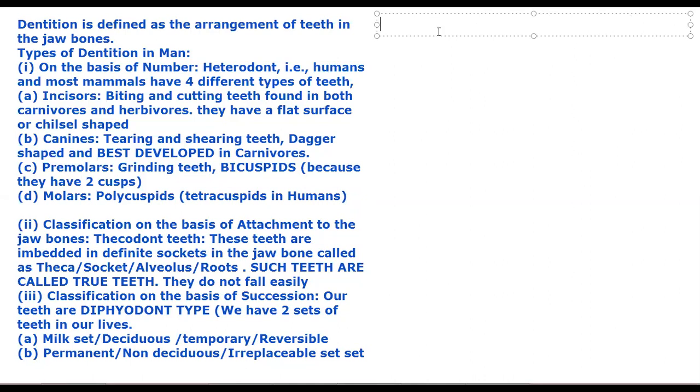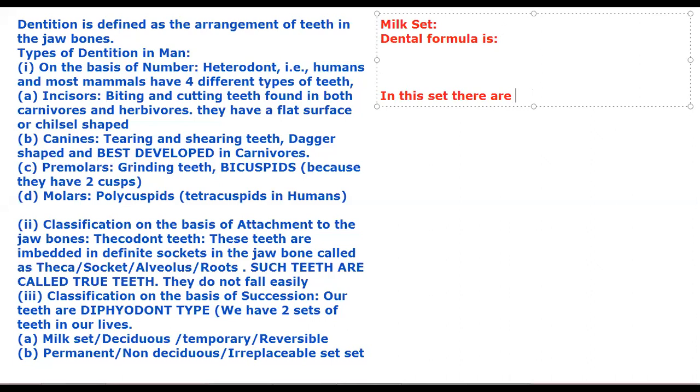Now in the milk set, your dental formula is, we will write it with the pen, don't worry. In this set, there are no premolars. Okay, there are no premolars.